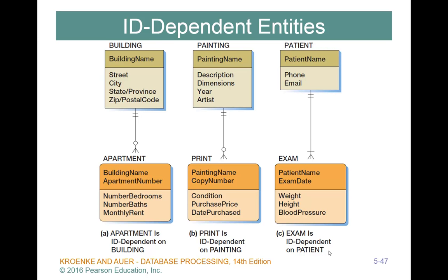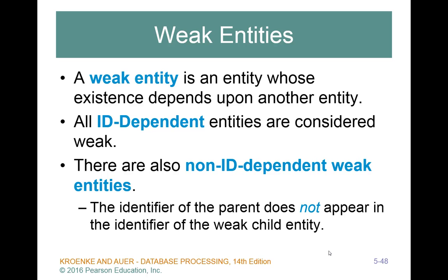So this would be a parent-child type relationship where the identifier of building is included in the identifier of the apartment, because naturally an apartment cannot exist if the building is not there, as well as a print cannot exist if the painting is not there, or an exam, we can't give an exam if there's no patient. Okay, so a weak entity is an entity whose existence depends on another entity. All ID-dependent entities are considered weak.